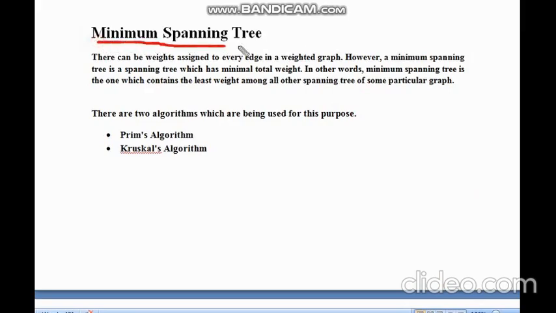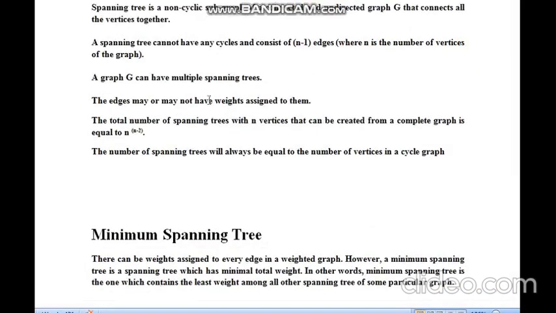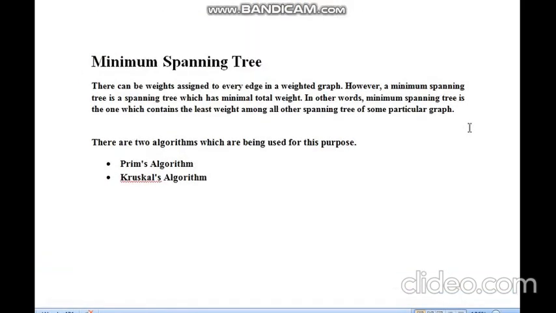Now minimum spanning trees. Just now we have seen that a graph G can have multiple spanning trees. Among multiple spanning trees, we need to find which is the minimum one. That process we call minimum spanning trees. The minimum spanning tree is the one which contains the least weight among all other spanning trees.